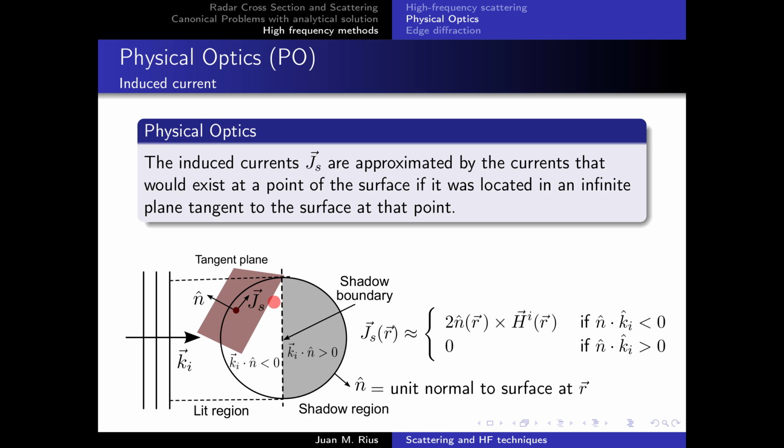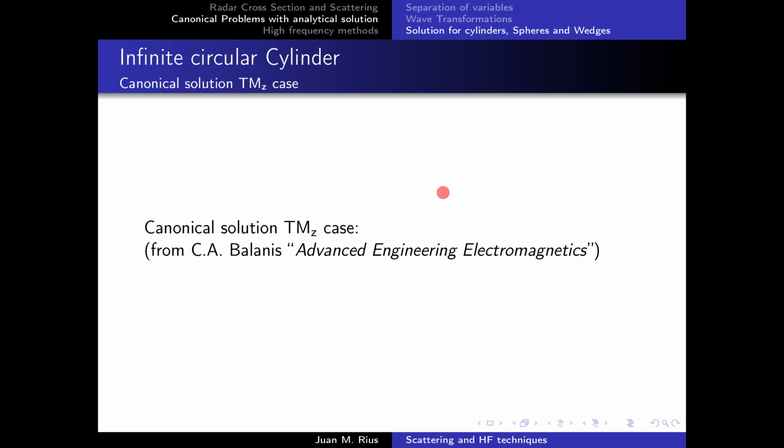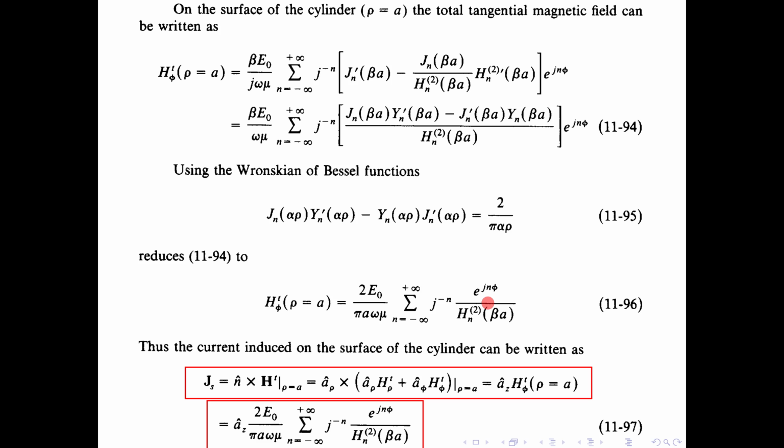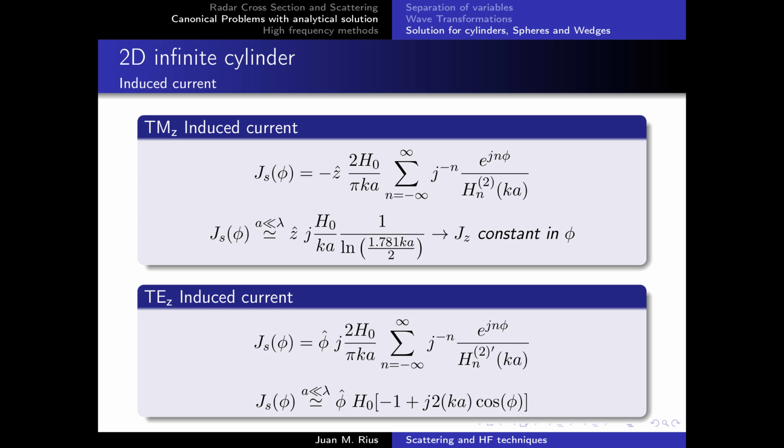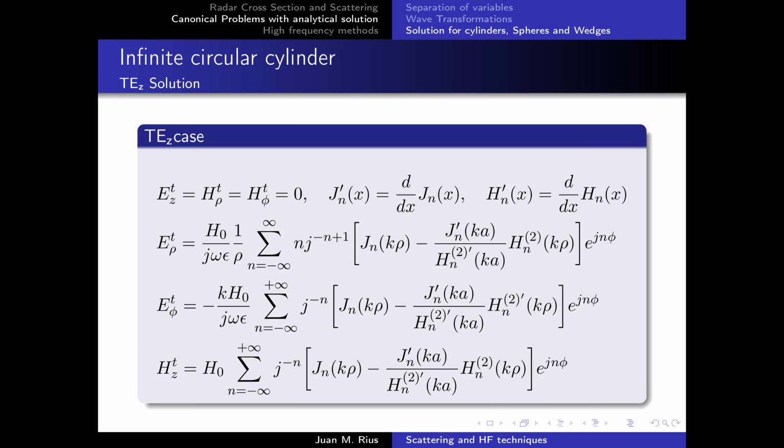But what is very important is that we apply this approximation only to the part of the surface that is illuminated by the incident field, not the shadow region. Remember, in our analytical solutions for the cylinder, there was a shadow region where the magnetic field is zero.